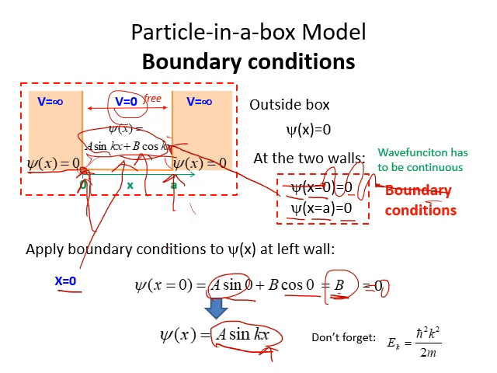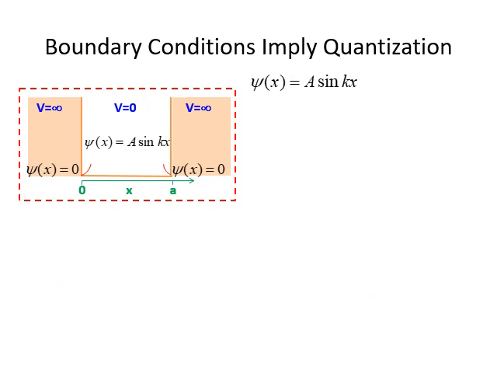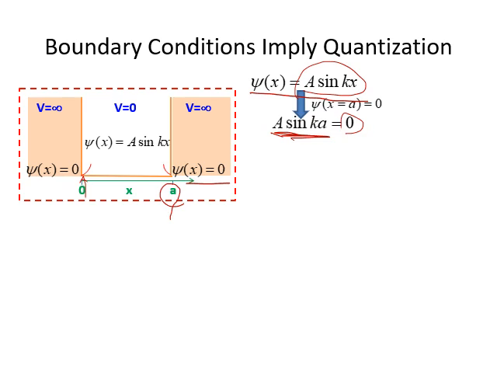Now we are going to look at the right side. Here is the solution of the Schrödinger equation if it meets the left side boundary condition. The wave function at x equals a is also 0. So when x equals a, this becomes A sine ka. This is the wave function when x equals a. But this has to be 0 because outside is 0. So if it's continuous, at this point it must be 0 too.